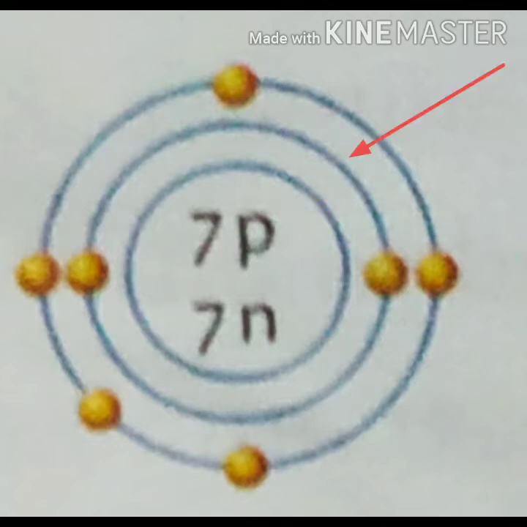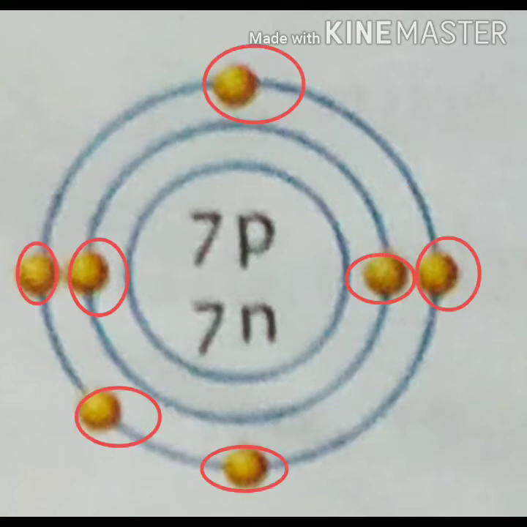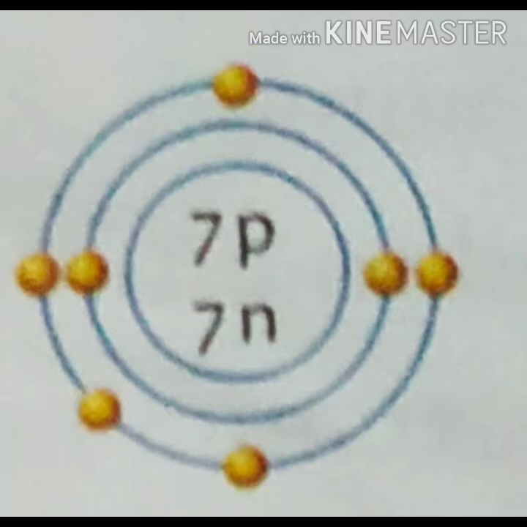Then draw the first orbit and then the second orbit. First orbit has how many electrons? 2. Second orbit has how many electrons? 5. So draw 2 electrons in the first orbit and 5 electrons in the second orbit. So this is the orbital structure diagram of your second example.